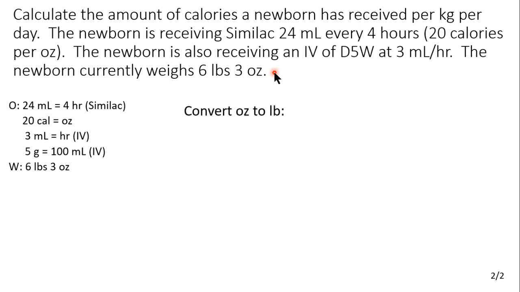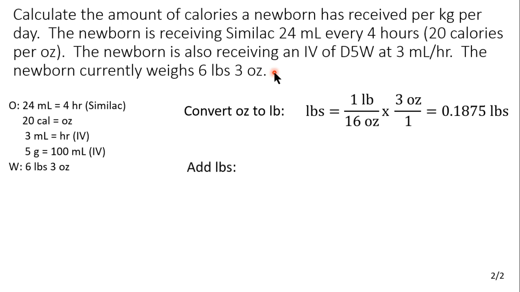So we need to convert it and put pounds equals conversion factor 1 pound over 16 ounces times 3 ounces over 1 as a placeholder. Ounces cancel out and we are left with 0.1875 pounds. To that we add the 6 pounds, so the total weight is 6.1875 pounds.